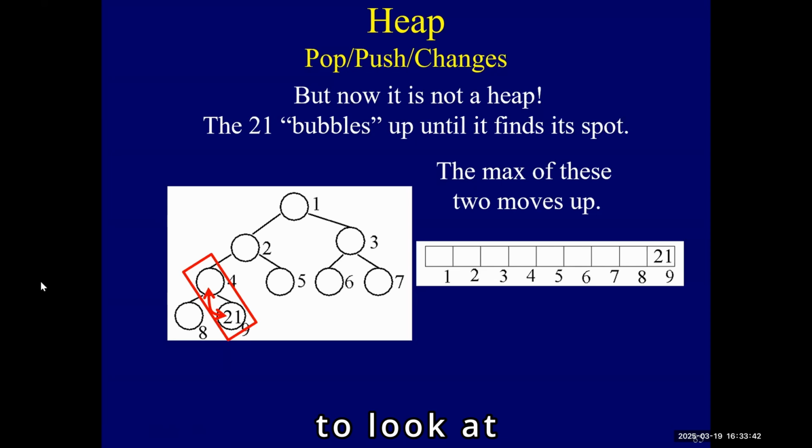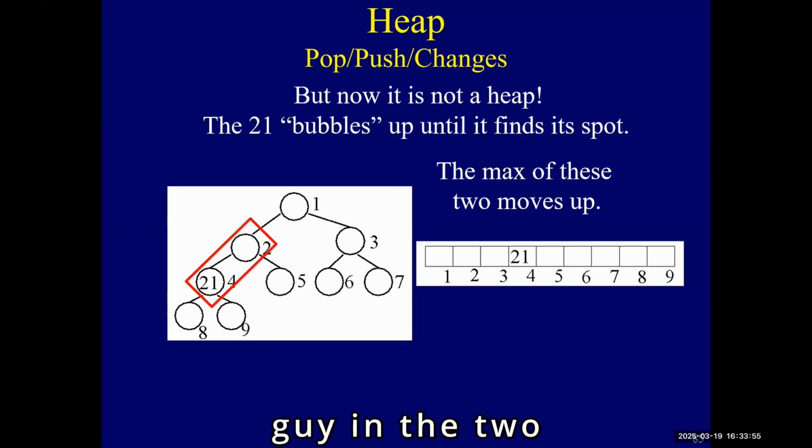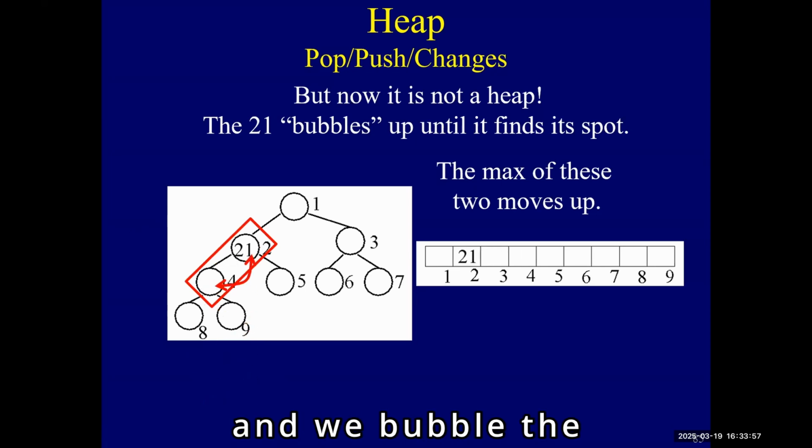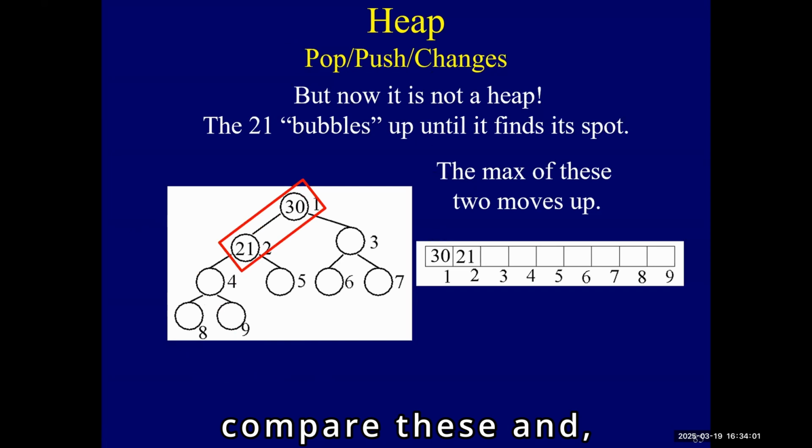So we don't have to look at the guy at 8. We compare the guy at 4 and the guy at 9, and we bubble the bigger one up. And then we compare the 20 to the guy in the 2, and we bubble the biggest one up. And then you compare these, and oh, it's a 30, so we stop.